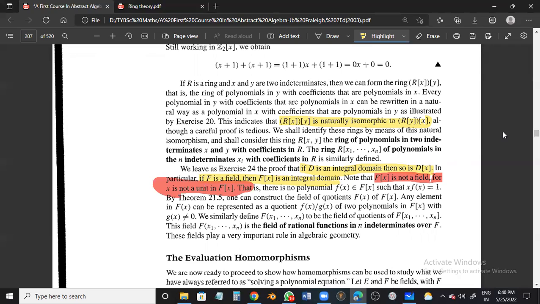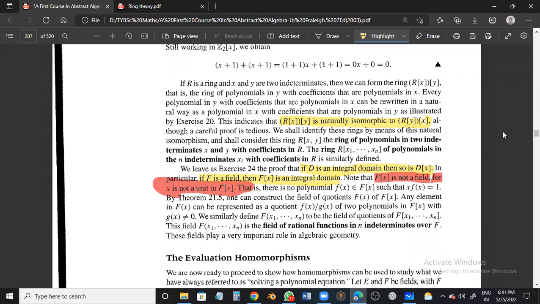What is an integral domain? These are the basic things you must know. Okay, it's a ring with unity.